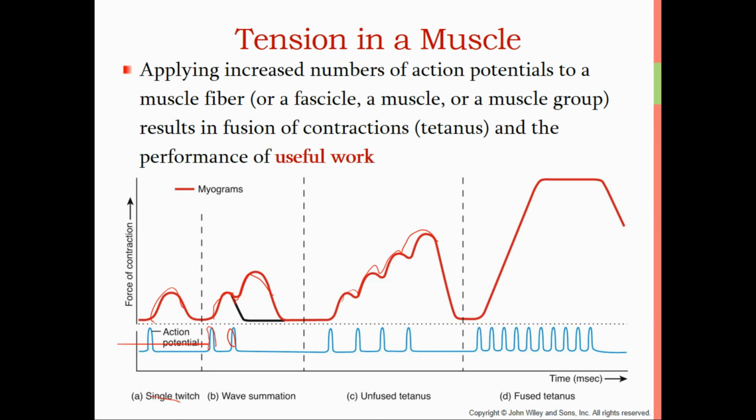And then a fused tetanus is a rapid series of action potentials that cause one long, smooth, powerful muscle contraction. And those are your different kinds of muscle contractions: twitch, tetanus, and a wave summation.